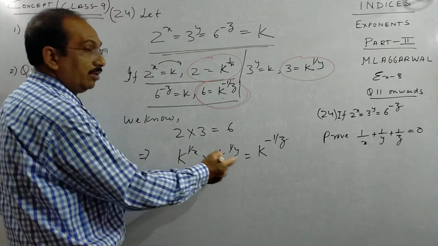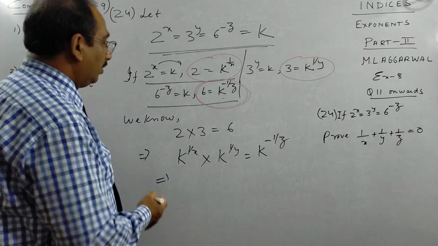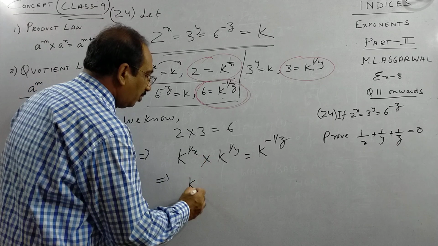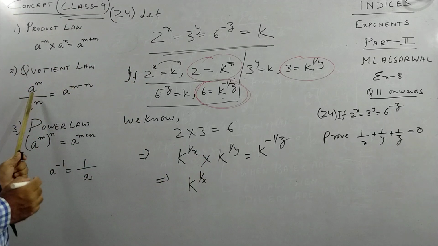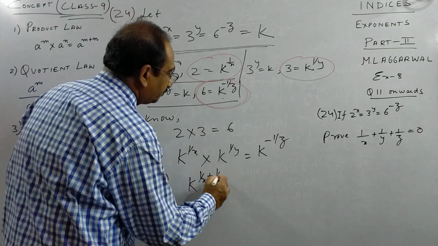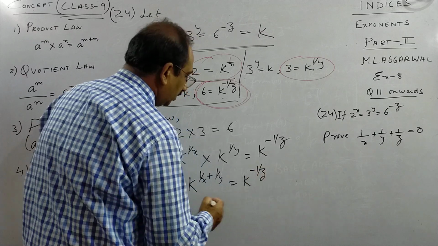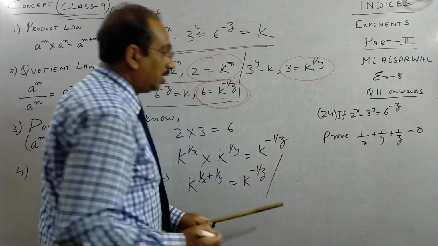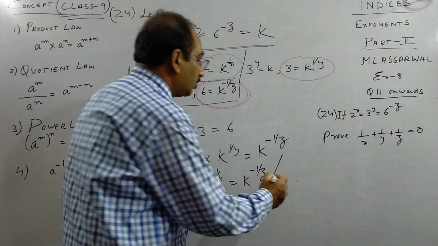So finally, when bases are equal, powers are equal, but before I do that, first I will use the first rule, product law. Bases are same, powers are added. Now I move on to what I wrote here, when bases are equal, powers are also equal.